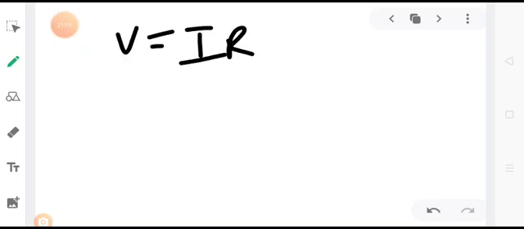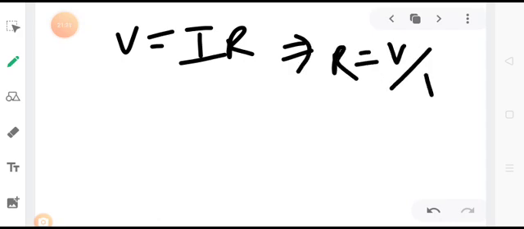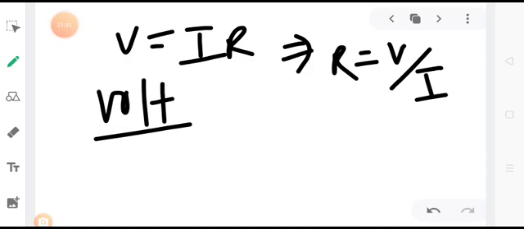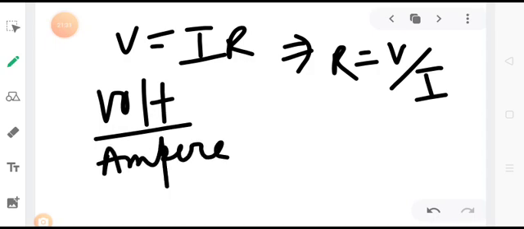Okay, so we will try and obtain an expression for resistance and understand what should be its unit. So from Ohm's law we get V equal to IR, which implies that R is equal to V upon I. Now unit for voltage is volt, unit for current is ampere.